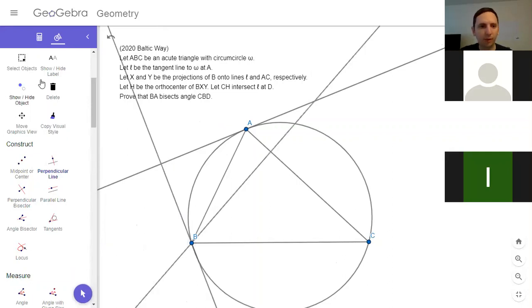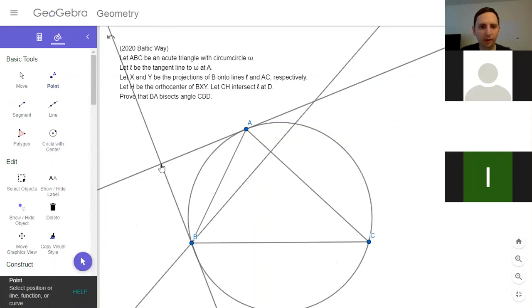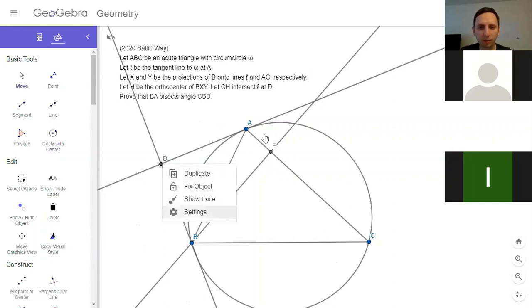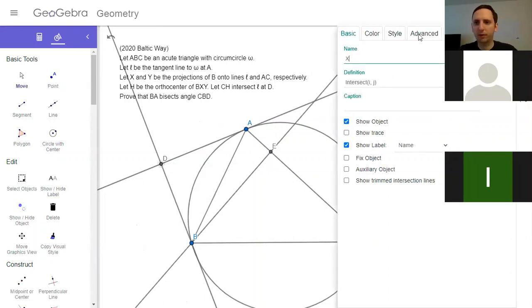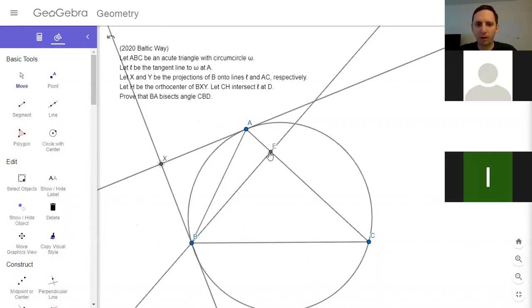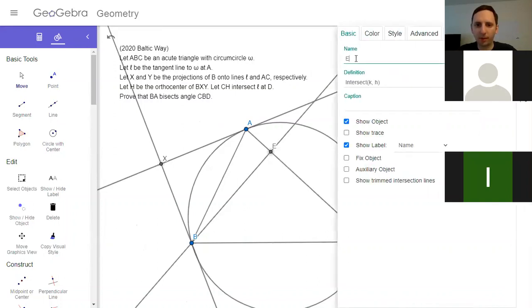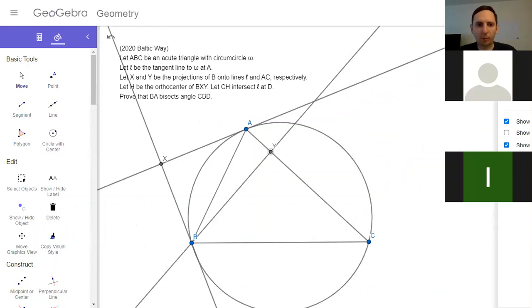H is the orthocenter of triangle BXY. That's X. That's Y. And then I think orthocenter is triangle center 4.